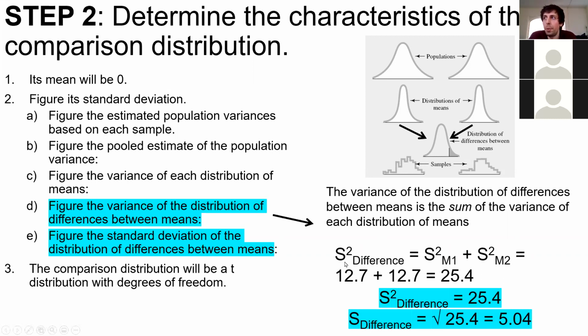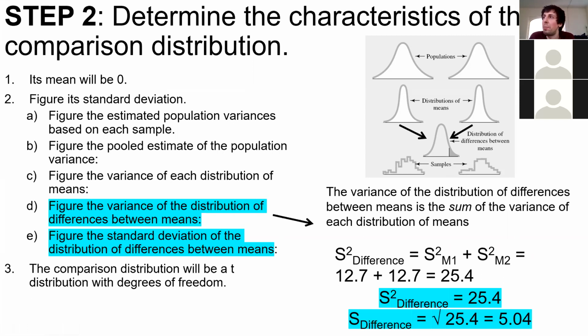So we're using the word difference as the subscript, but technically speaking, the distribution of the difference between means is also a sampling distribution because it's also made of means. It's kind of like a fusion of two sampling distributions based on actual populations.